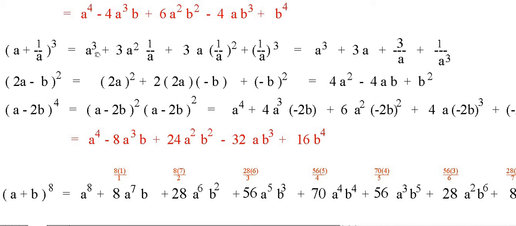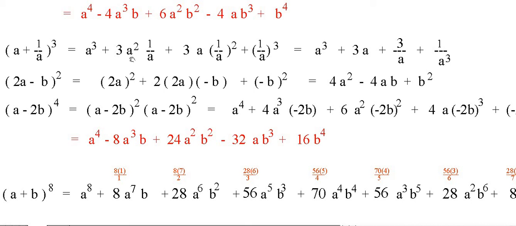The first exponent is 3 because of the original exponent 3, then second term it becomes a square, third term it becomes 1, then the fourth term we don't have the a to the 0 or 1. Then 1 over a starting from the right is with the exponent of 3. 1 over a is raised to the exponent 2. 1 over a raised to the exponent 1, and here 1 over a raised to the exponent 0 or 1.